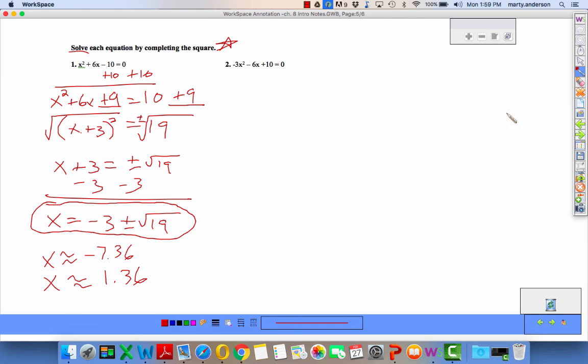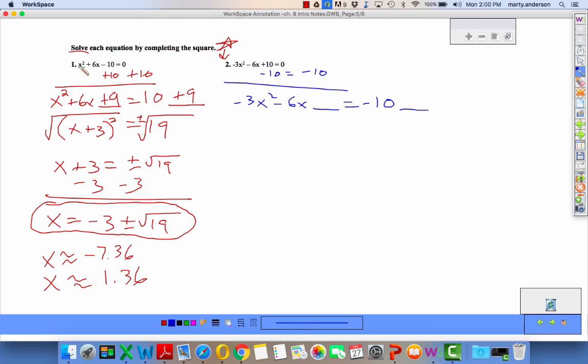Okay, I said this was going to be the big dog right here, so let's make sure that we're all paying attention and we're all in the right spot, because this is the one that has a little bit of a trick to it. You got to pay attention. First thing you're going to do is minus 10, minus 10, because again, we are getting the x terms by themselves. Now, we can't complete the square until we get the x squared term to be all alone.